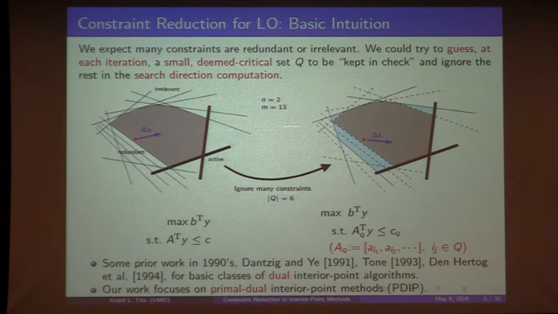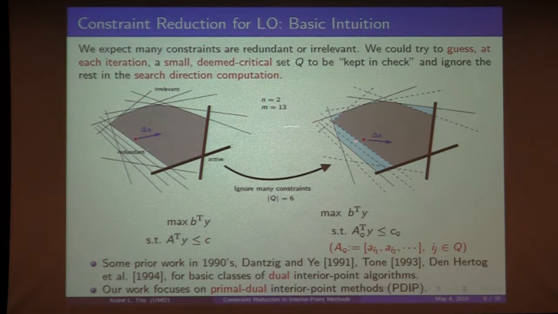But if we knew that some of them are completely irrelevant, and some of them are redundant because they don't affect the optimal solution, if you drop some of the constraints, like here we have dropped all the dashed lines and we kept only 6 constraints, which are in a set we call Q, the optimal solution will still be the same.